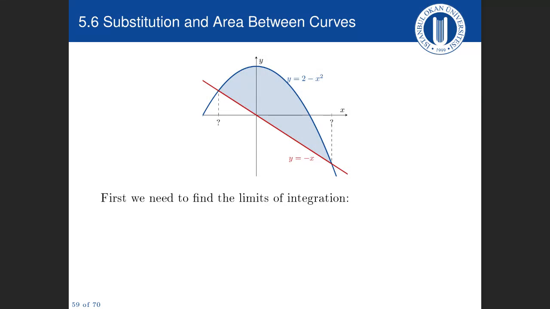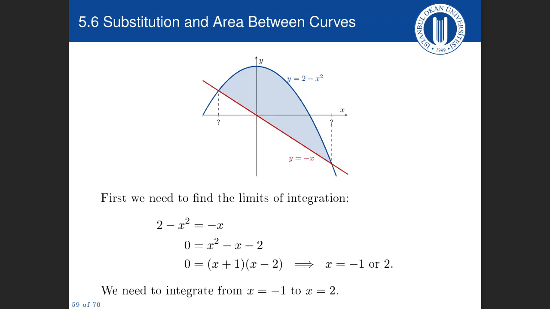Well, they intersect when the two functions are the same. They intersect when 2 minus x squared is the same as minus x. So starting with that, and then rearranging, we can find that x is minus 1 or 2. So this number here must be minus 1, and this number just here must be 2. We need to integrate from minus 1 to 2.